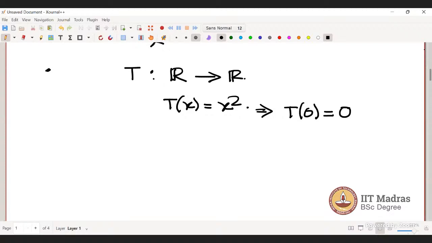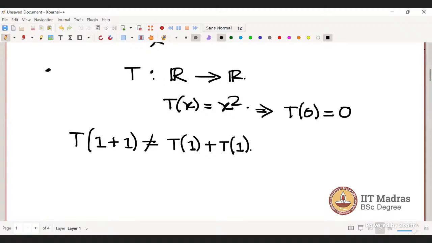T of 0 is 0, but certainly T is not a linear transformation, because T of 1 plus 1 is not equal to T of 1 plus T of 1. T of 1 plus 1 is T of 2, which is 4, but T of 1 is 1 and T of 1 is also 1, so 1 plus 1 is 2.